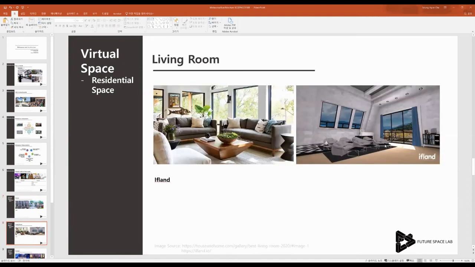One other example here, on the right-hand side, is from SKT, a telecom company in Korea, and the eFriend platform. As you can see, this is a living room, and here you can see the beam, the curtain, and the window. As I told you before, in the metaverse we don't need to think about gravity, so we don't need structural material or infrastructure. But in the metaverse architecture, they put in beams and even curtains.